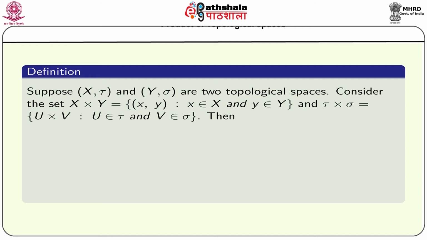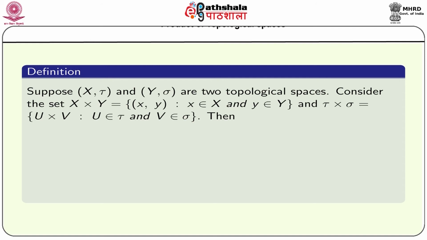We want to define the product space X cross Y. For that, we take the Cartesian product of X with Y, that is the set consisting of the pairs (x, y) such that x varies over X and y varies over Y.